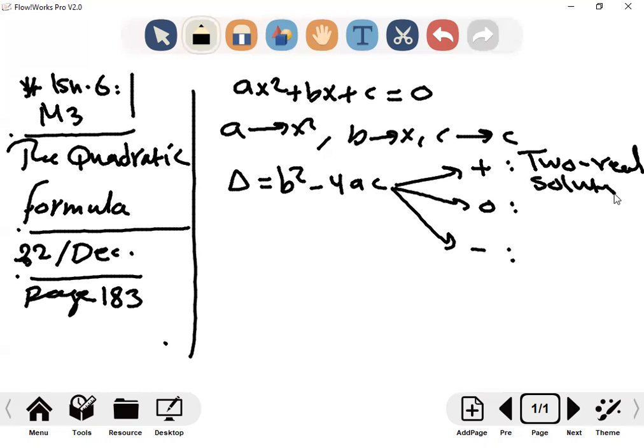And when I say real, no i's, right? And again, if the question tells you find the real solutions of the following equation, and you have negative, then there is no real solution. Here you have 2 complex solutions.